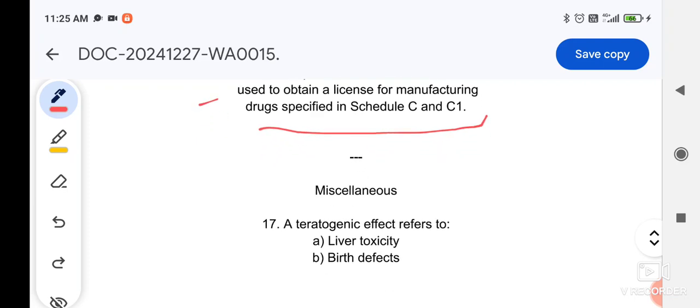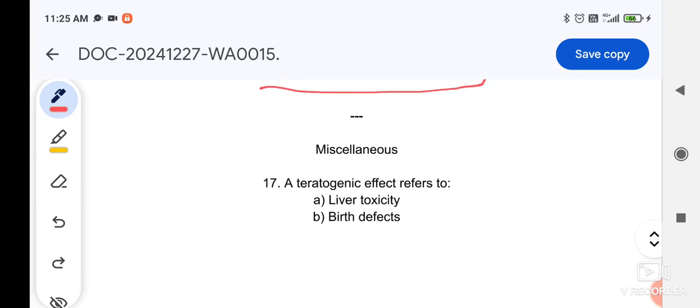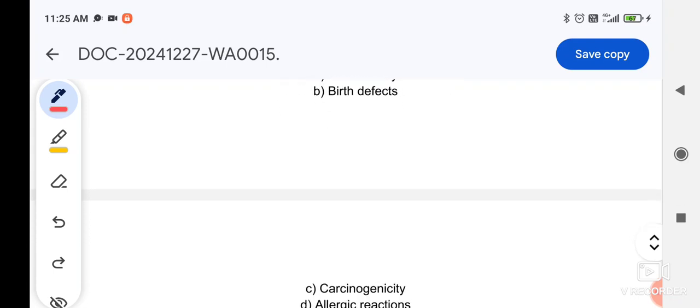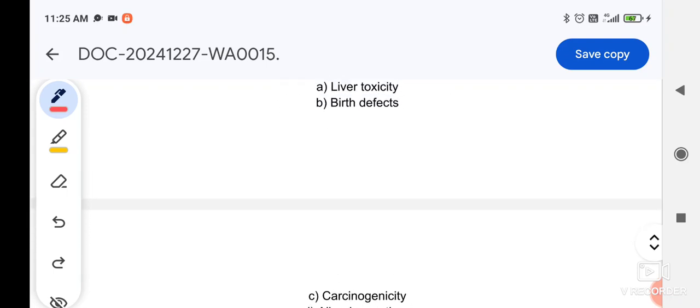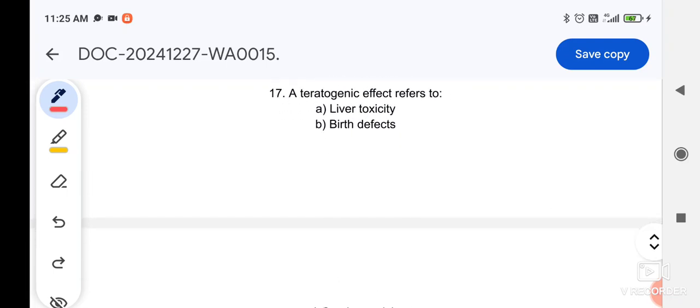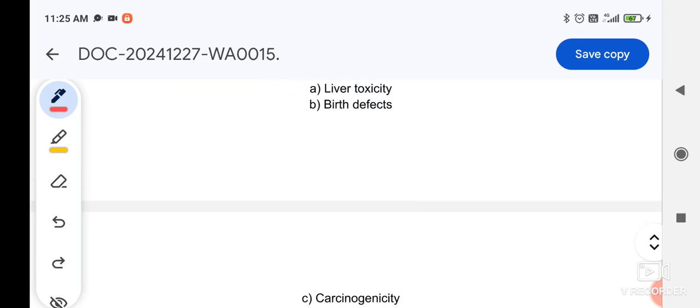Miscellaneous question. A teratogenic effect refers to: liver toxicity, birth defect, carcinogenicity, or allergic reaction. The teratogenic effect refers to birth defects.